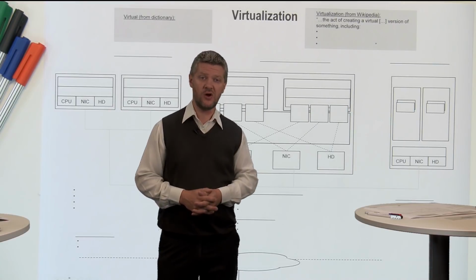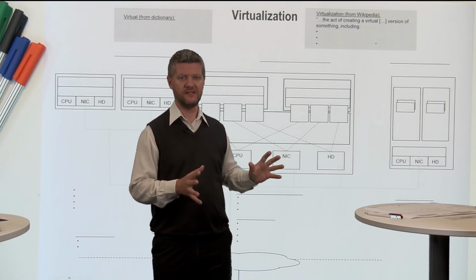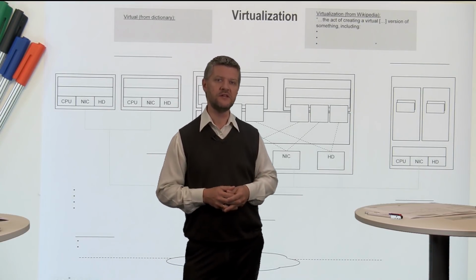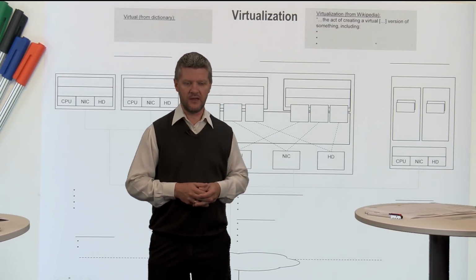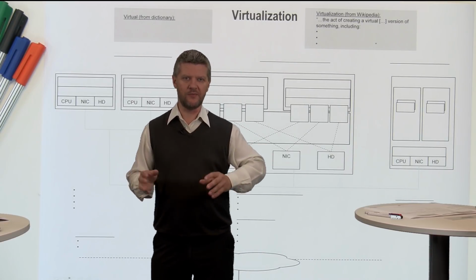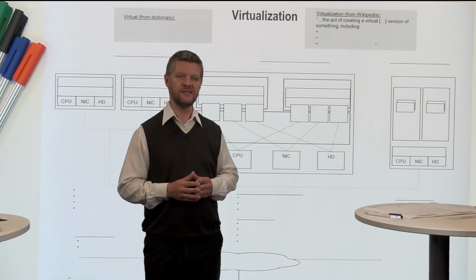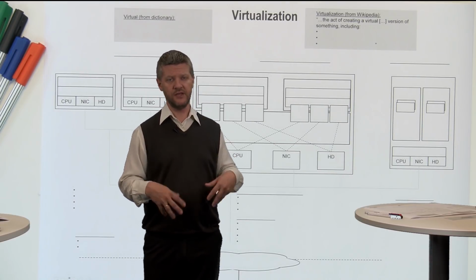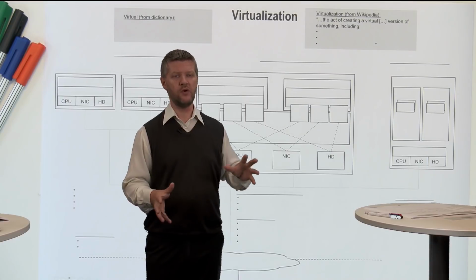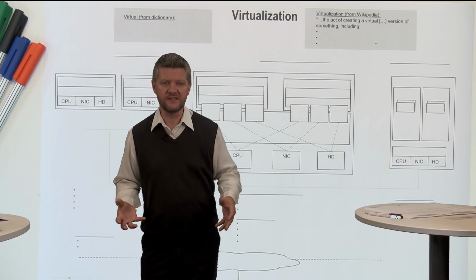So I will start off by talking a little bit generally about different ways of doing virtualization. I'll show you a couple of PowerPoint slides as well on this topic. And then during this course, we will look more into the specifics of NFV, if you will.